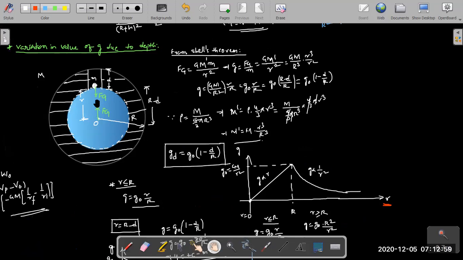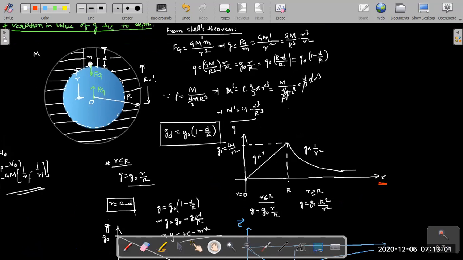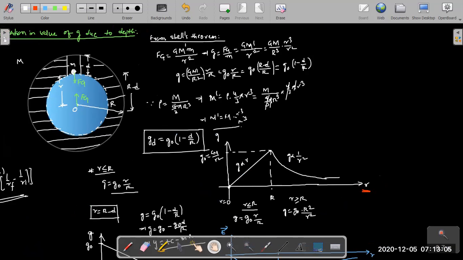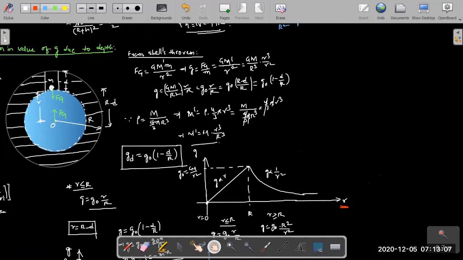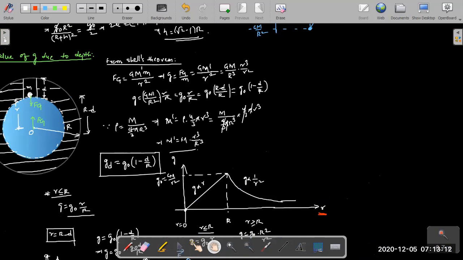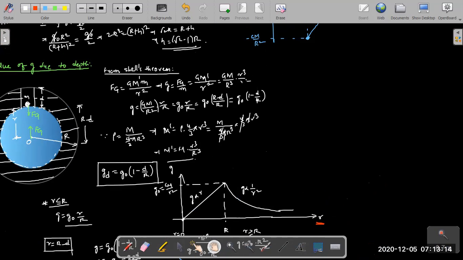Could you tell me how that differs? You see, here we found the expression for how g is changing with r. This was g dash equals GM by r square, so that was small r cube by small r square.